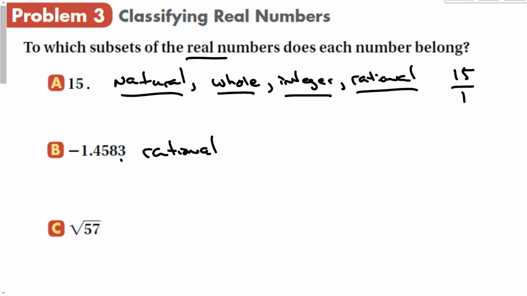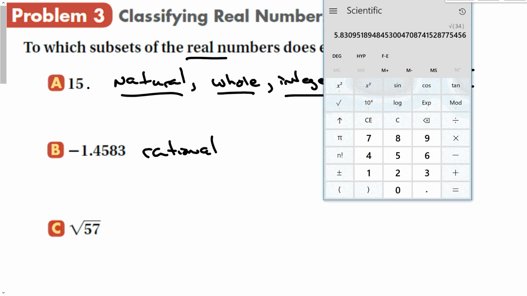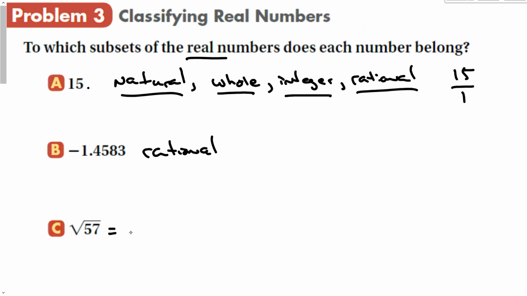If it didn't stop, it would have ellipses like that with no particular pattern going on. However, the square root of 57, I can check that if I'm not sure, but I am sure it doesn't work. Look at all these decimal points right there. Okay? So the square root of 57 is irrational.